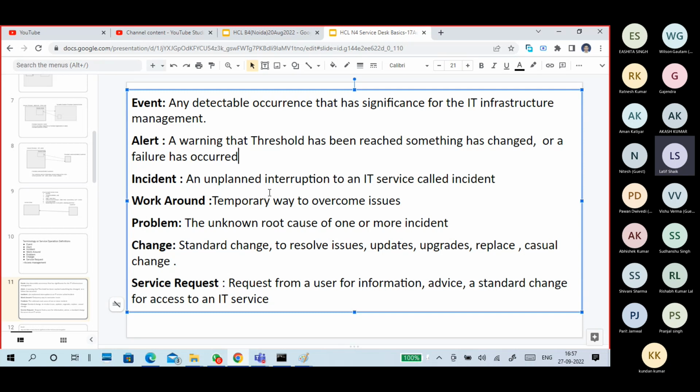Okay, so those are two important things: incident and service request as level 0 advice. From here, from incidents come problems. An incident we have to consider as a problem, depending upon the incident situation.